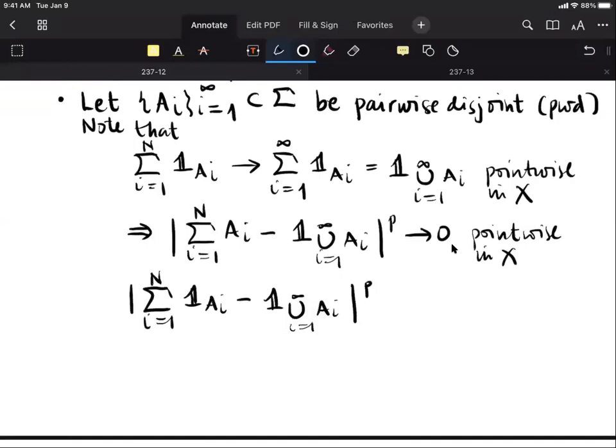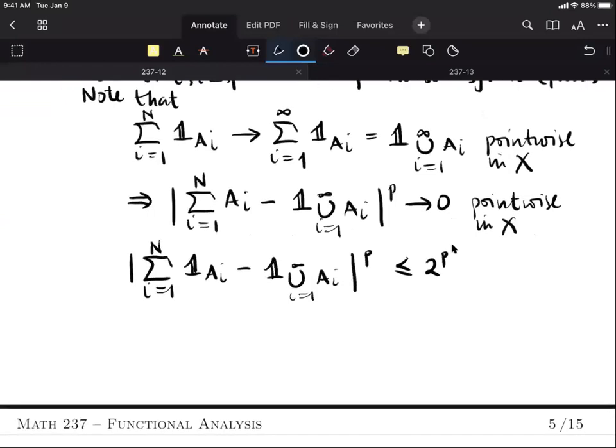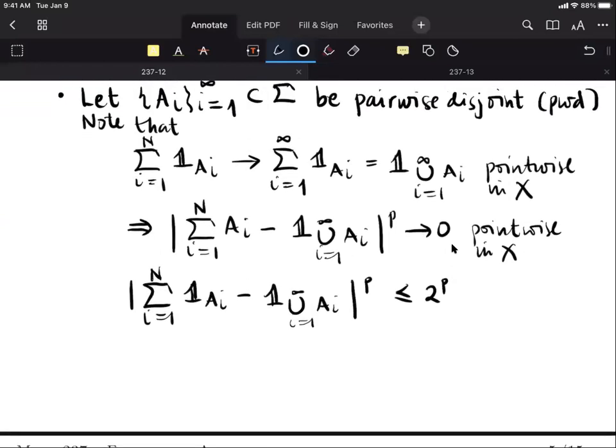This is less or equal to... Okay, since the sets are pairwise disjoint, also this finite sum is either 0 or 1. Okay, and this characteristic function is also either 0 or 1. So this is less than 2 to the p. And this constant function belongs to L^p, since you have a finite measure.